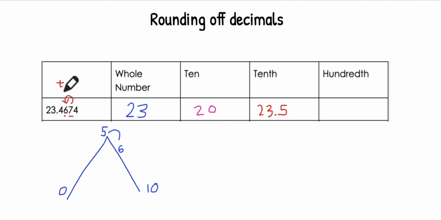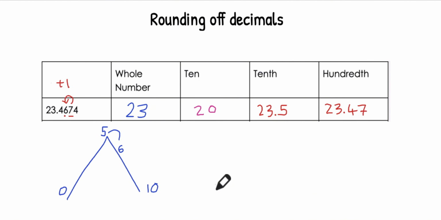Was the 2 affected? No. Was the 3 affected? No. The point, of course not. The 4, no. Then, was the 6 affected? Yes. We added 1 because the 7 was greater. So that becomes a 7, and that is our answer.